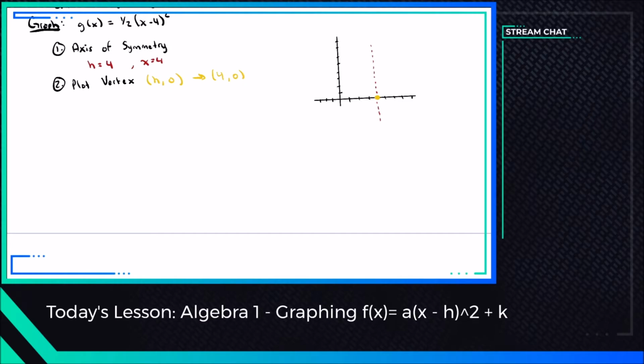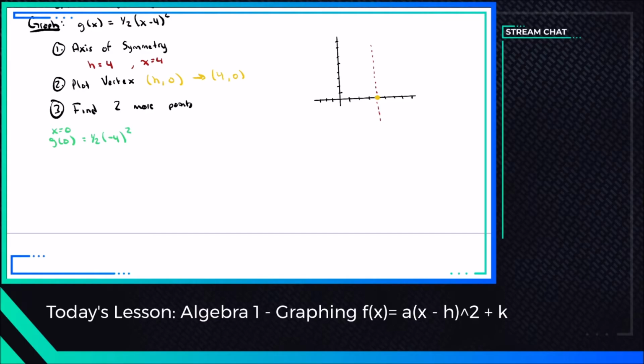And then finally, we just want to find a couple more points to complete our graph. So we're going to find 2 more points. I always like plugging in x is equal to 0 into my graphs because it's a really nice function. So if we plug in x equals 0, that's going to be g of 0 is equal to 1/2 times 0 minus 4, which is a negative 4 squared.